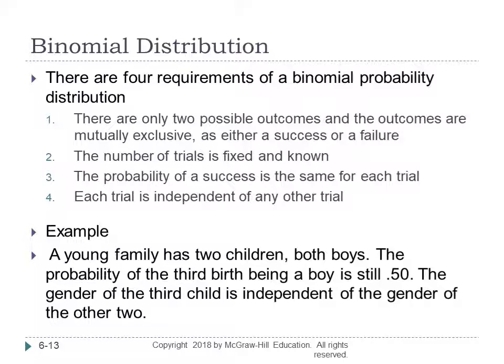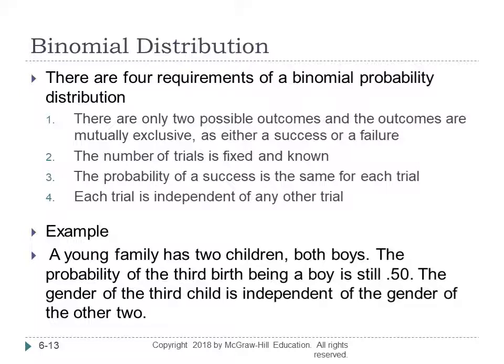The number of trials is fixed and known. For example, you may toss the coin 10 times. Each time you toss the coin, you'll get either a success or a failure. The probability of success is the same for each trial.